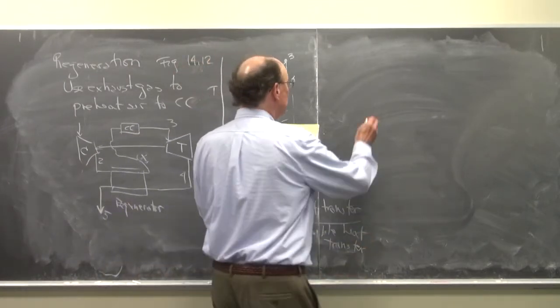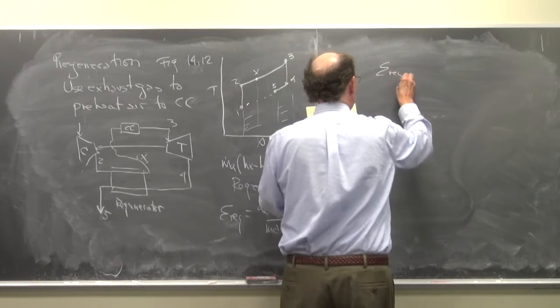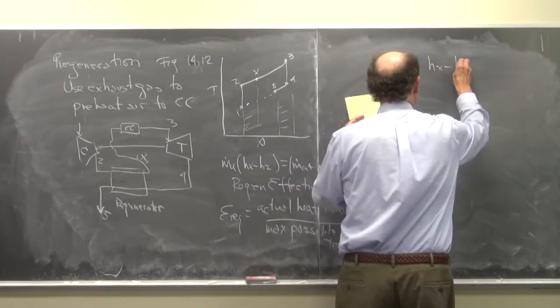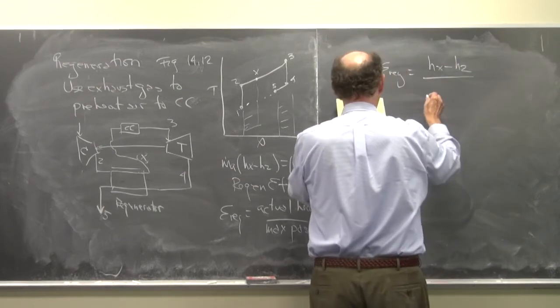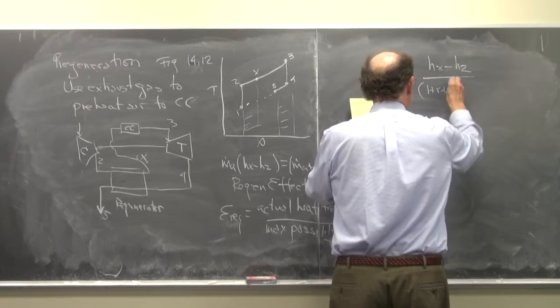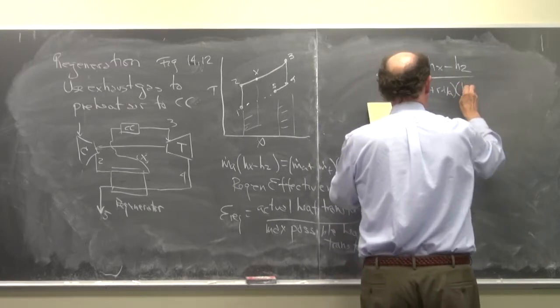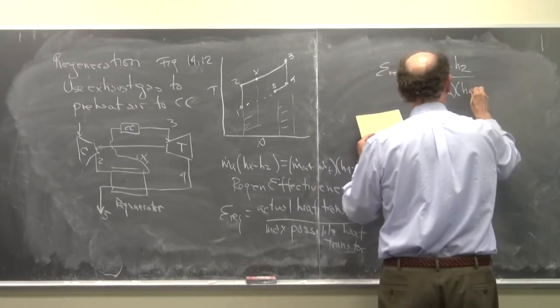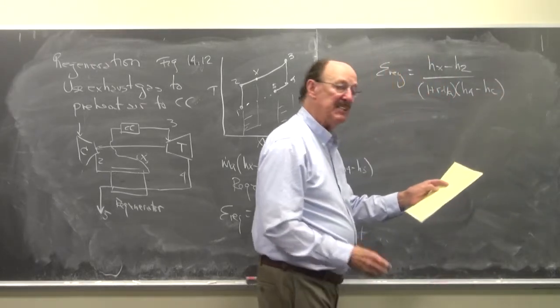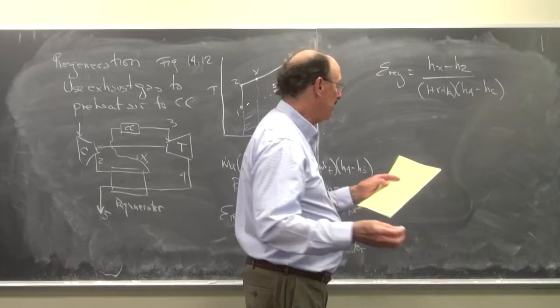And so this is going to be equal to Hx minus H2 over 1 plus RFA times H4 minus HC. And HC is the enthalpy of the products at T2.